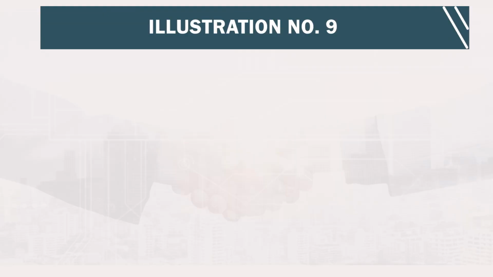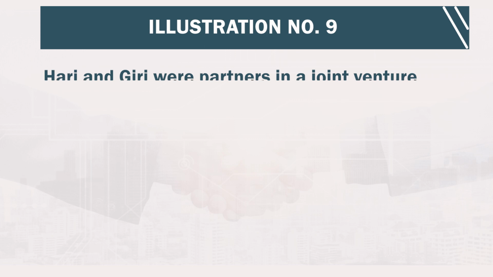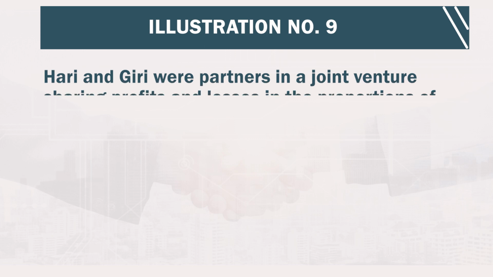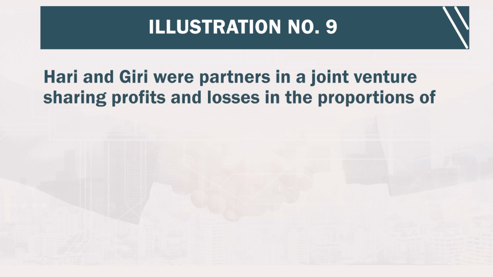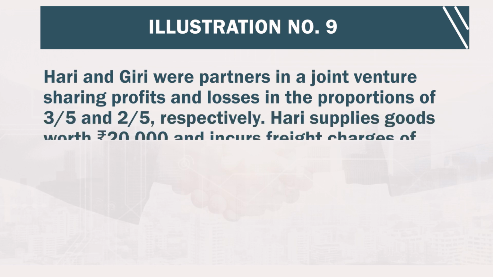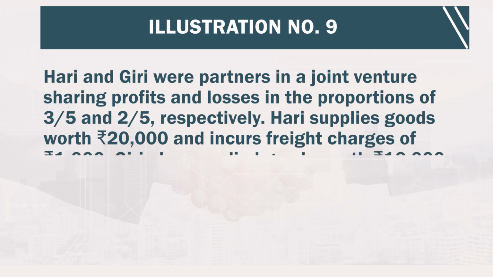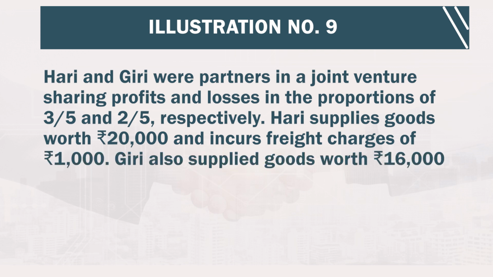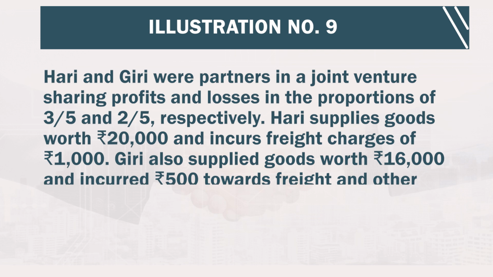Now, let us understand how the memorandum joint venture account is prepared with an example of illustration number 9. Hari and Giri were partners in a joint venture sharing profit and losses in the proportion of 3/5 and 2/5 respectively. Hari supplies goods worth rupees 20,000 and incurs freight charges of rupees 1,000.